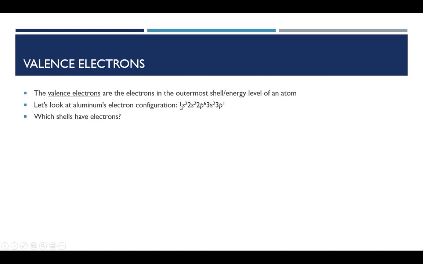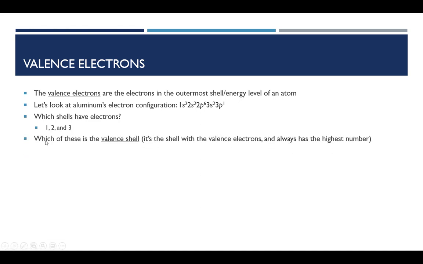So shell 1 has electrons. 2s2p, so shell 2 has electrons. And shell 3 has electrons. So shells 1, 2, and 3, also called energy levels. Now, look at the one of these which has the highest number. The highest number in this list is 3.